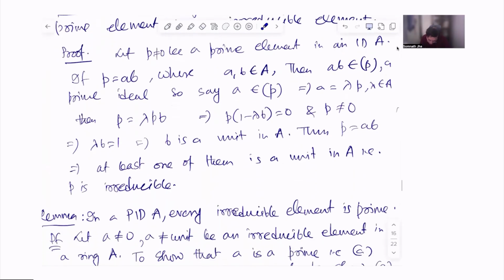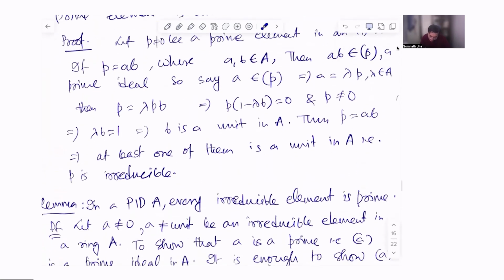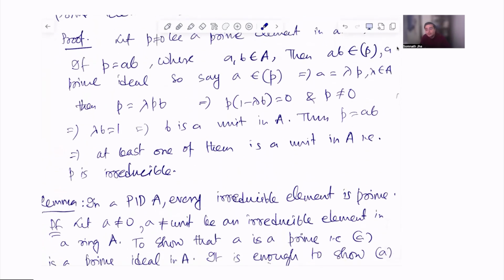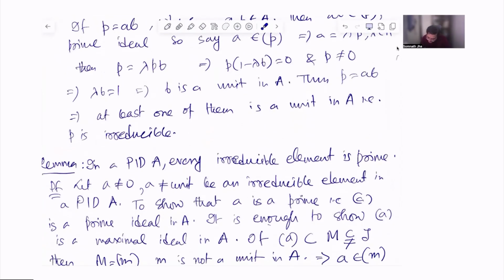So let A, not equal to 0, be an irreducible element in a PID A, not any ring, in a principal ideal domain A. To show that A is prime, that the ideal generated by A is a prime ideal, it is enough to show that it is a maximal ideal. So suppose (A) is contained in M and M is contained in J.